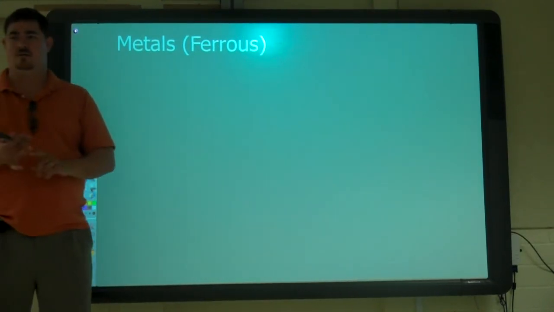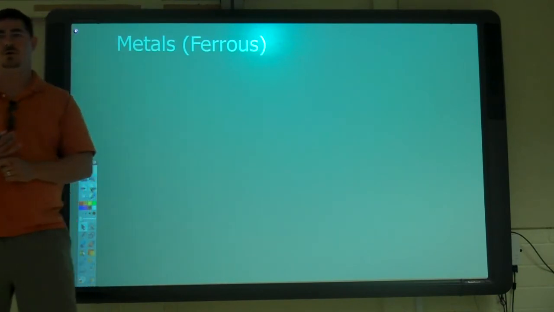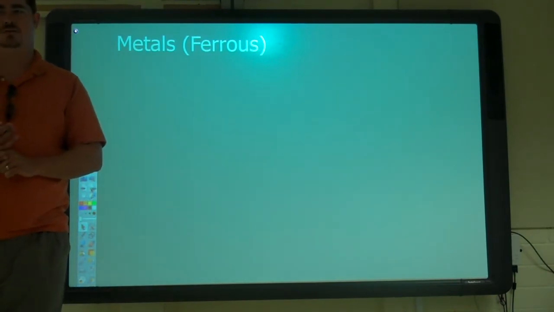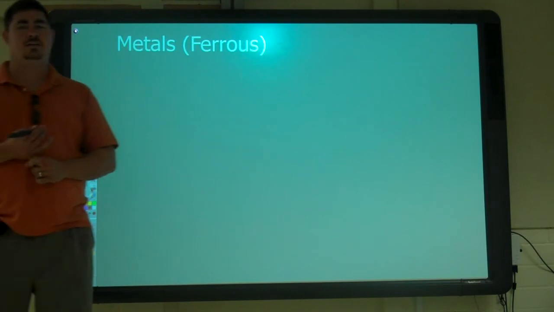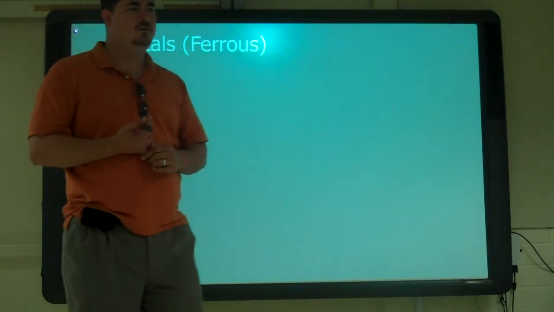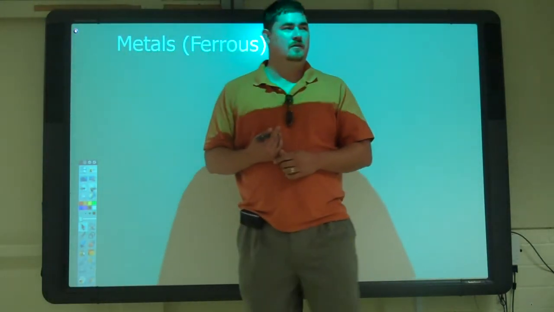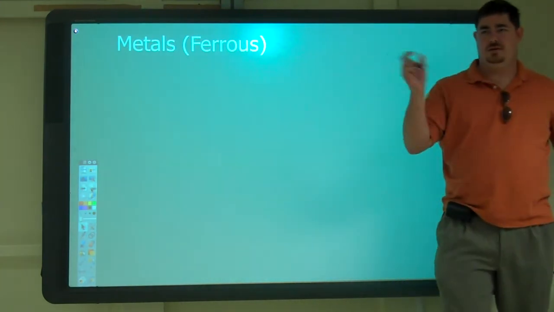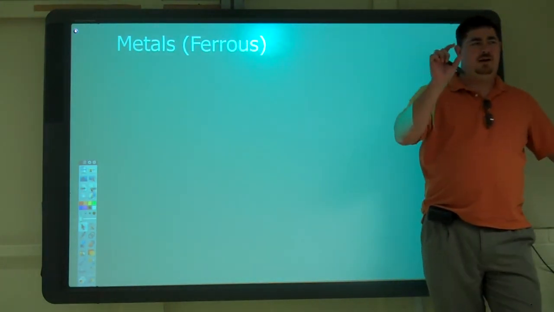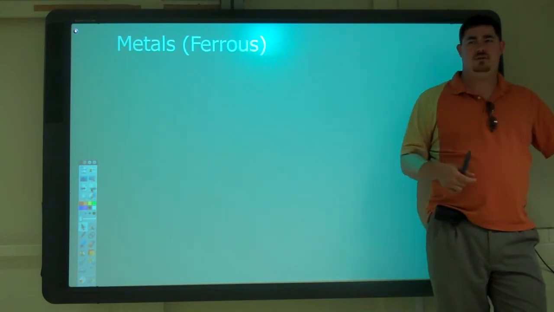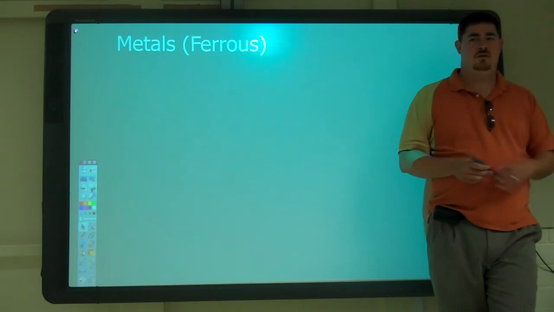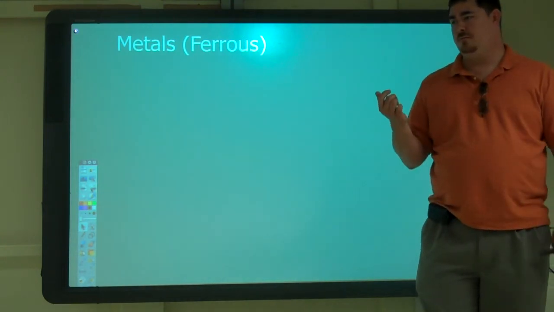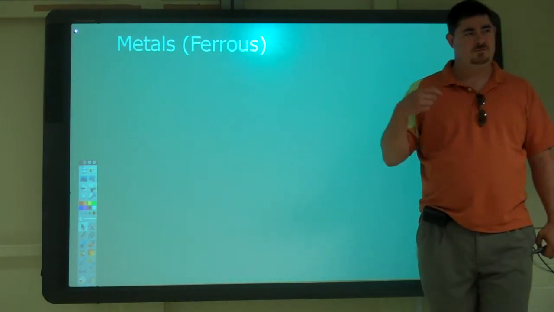So we have iron. And then from iron, what do we do to it to make other kinds of ferrous metals? We add stuff to it. What's that called? Now we can make steel, but what is it called when we add stuff to iron to get something else? We can add some carbon to it.